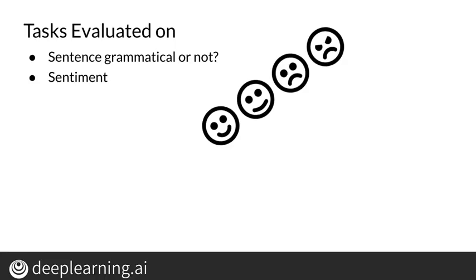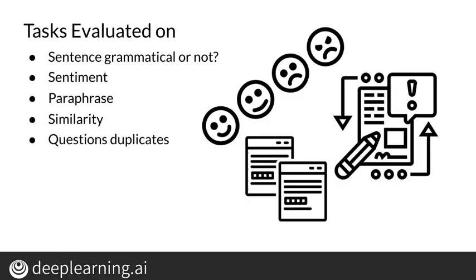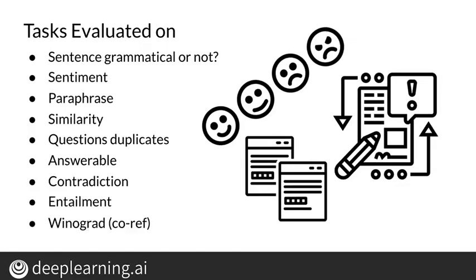It could be used on sentiment, to paraphrase some text, on similarity, on question duplicates, whether a question is answerable or not, whether it's a contradiction, whether it's entailment, and also for the Winograd schema, which is basically trying to identify whether a pronoun refers to a certain noun or to another noun.